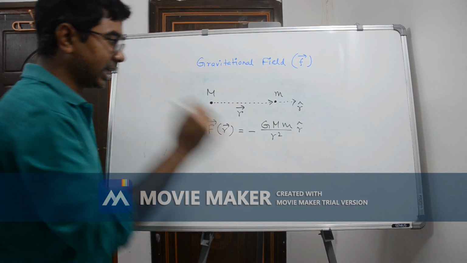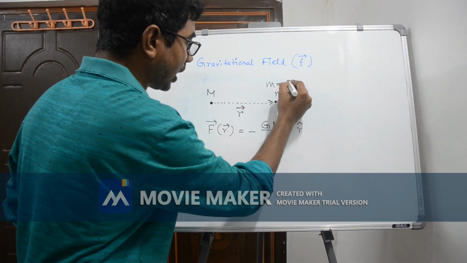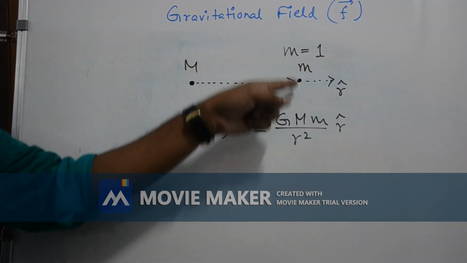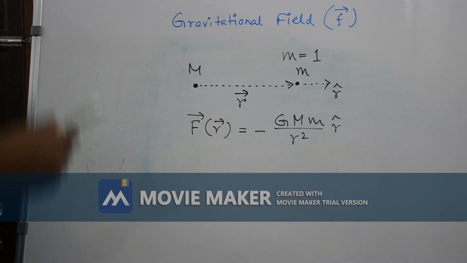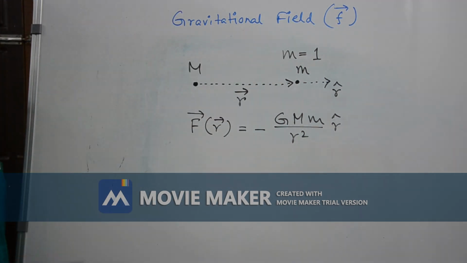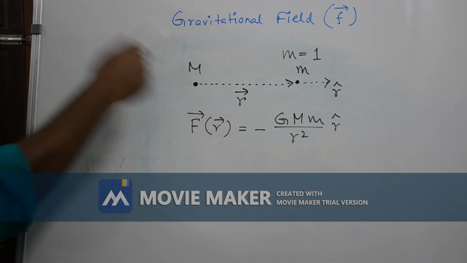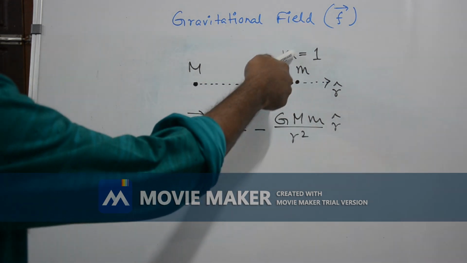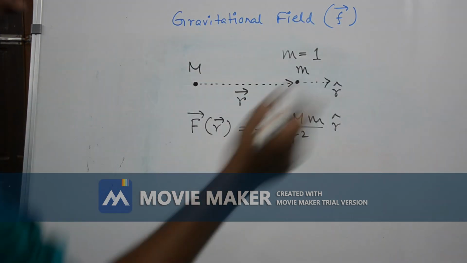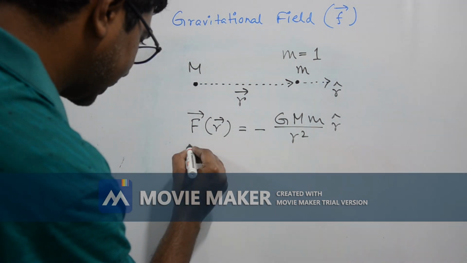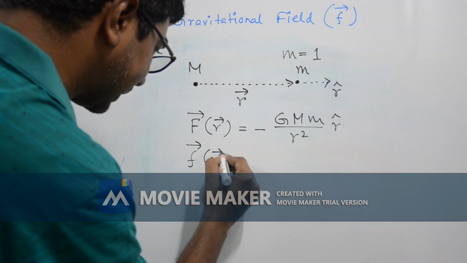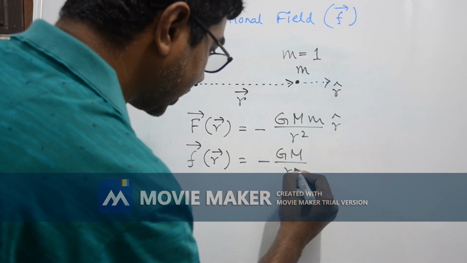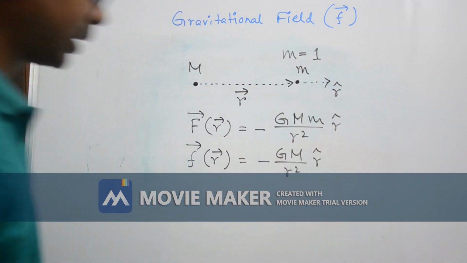Which means, if we consider the test mass as 1, the force of attraction experienced by that unit test mass is the gravitational field at that particular point due to the source mass, capital M. So in this expression, if we put small m equal to 1, what we get is the gravitational field at that point, which is G M by r squared, with a cap on top.